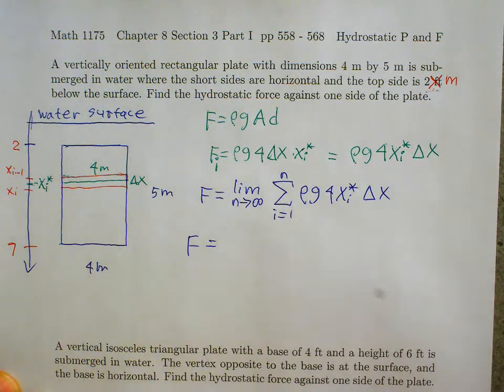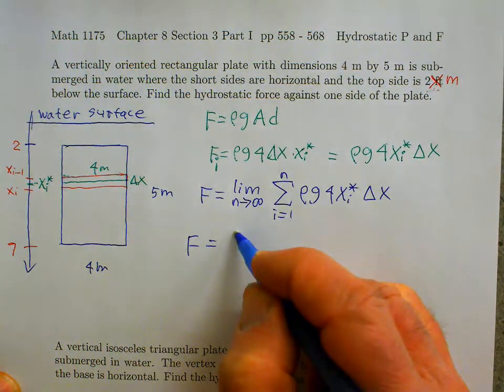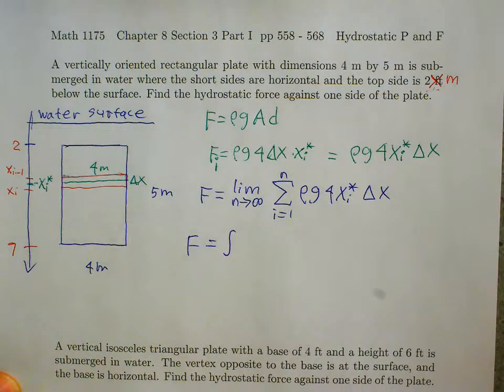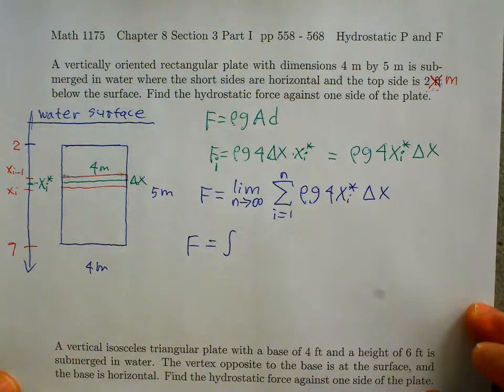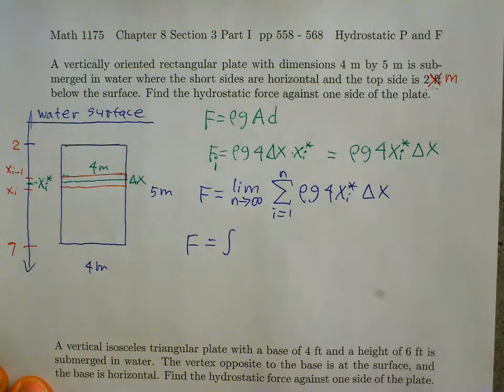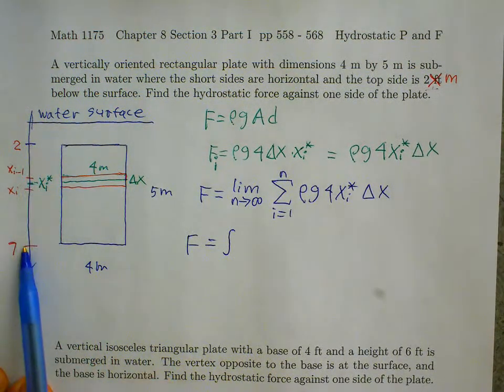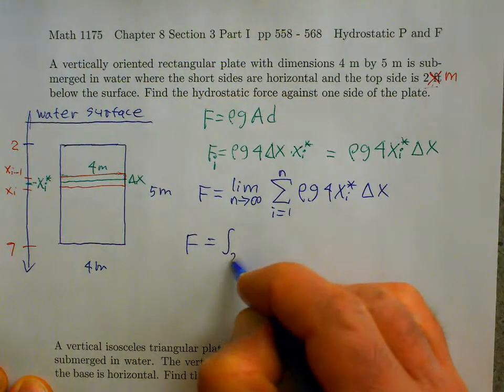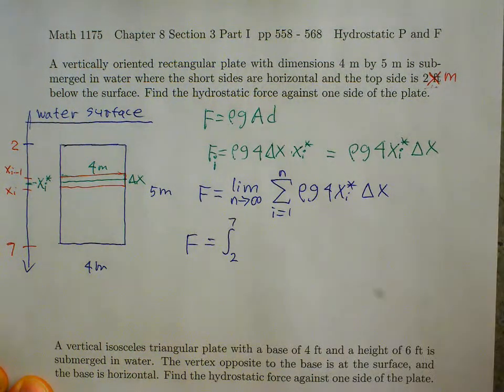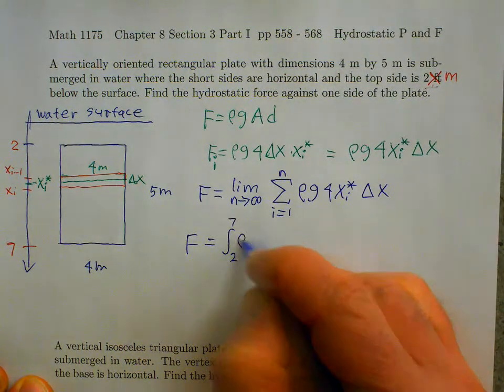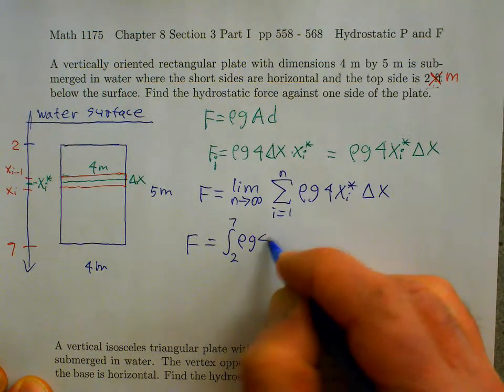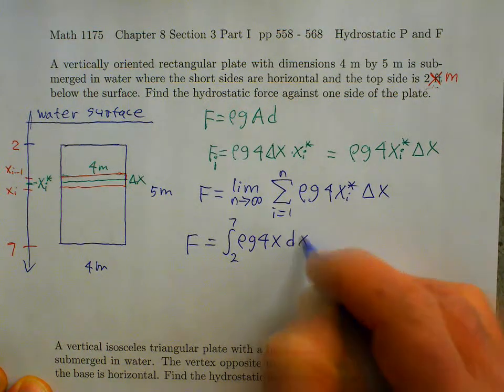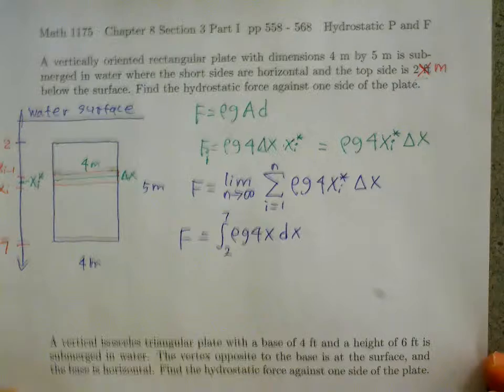And then the limit is the definite integral from where to where, from x equals 2 to x equals 7. And then rho times g times 4x dx. So this one's pretty simple to compute.